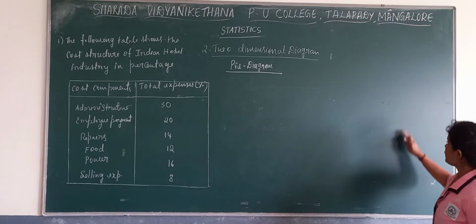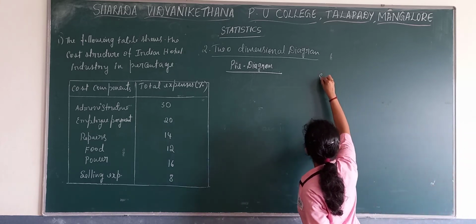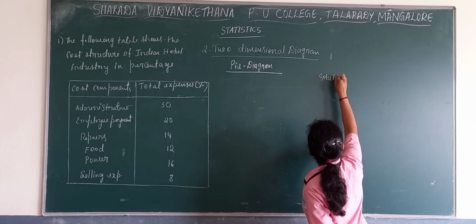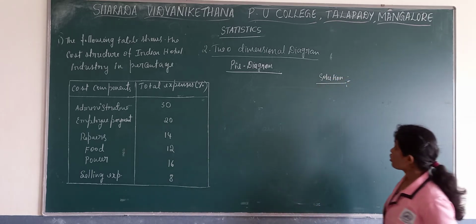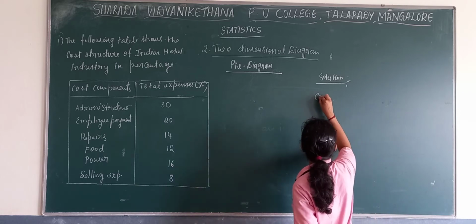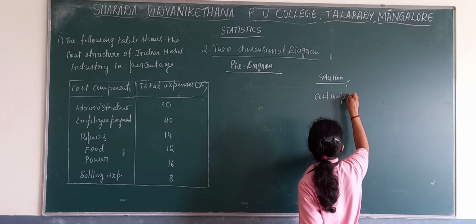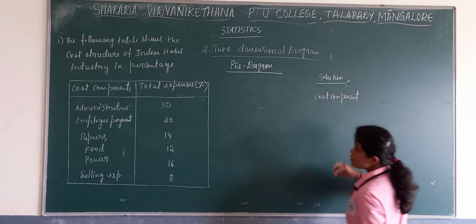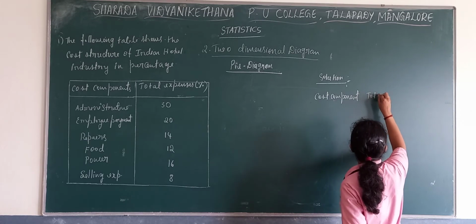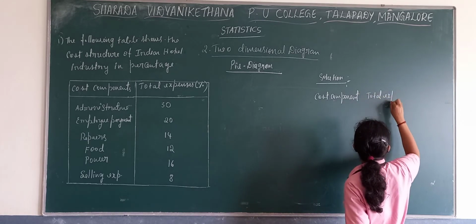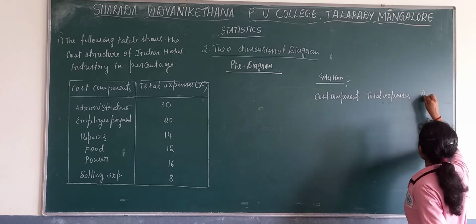Now we go to the solution. Here we need to write the solution. Table: cost component, then total expenses, then angles.